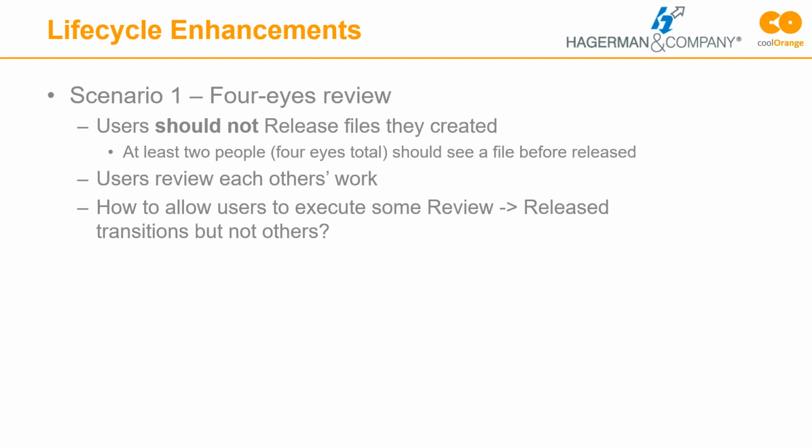And so within a given Vault file lifecycle, any given person needs to have the permission, at least, to both move a file from work to review and move a file from review to released. Because one day they might be the editor, the next minute they might be the checker on a different file, right?